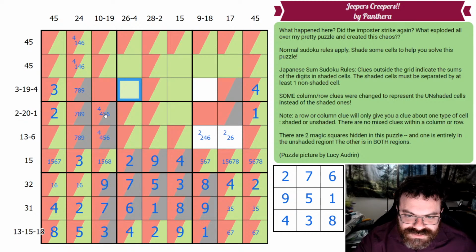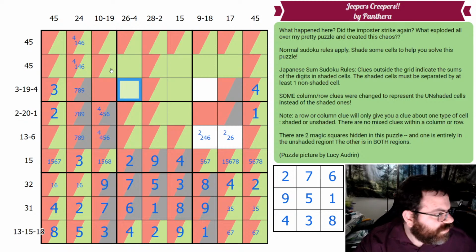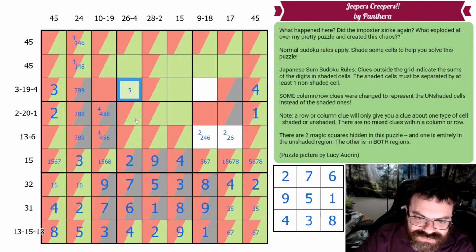Here, this would be a 4, 6, so this would be a 4 or 6. This would be 2, 8. So this would be 8, this would be 2. The 2 would have to be by, this would have to be 7 and 9. Here, let's start typing. So this would be 5. This would be 4, 6, so this would be 4, 6. This would be 8 and 2.